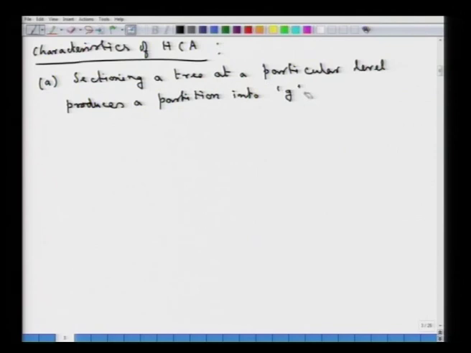So, these are going to be organized into G disjoint groups.